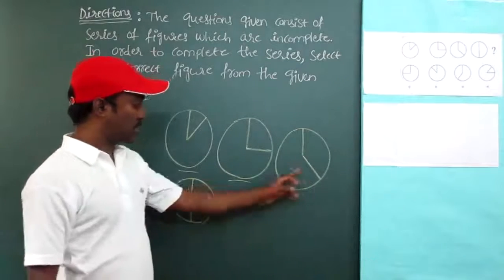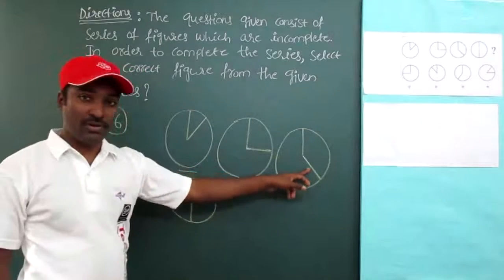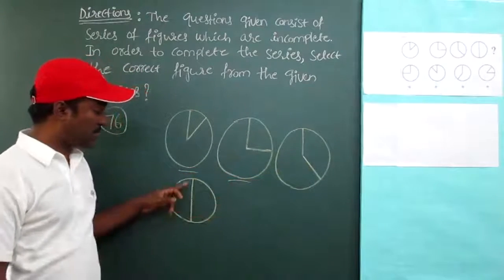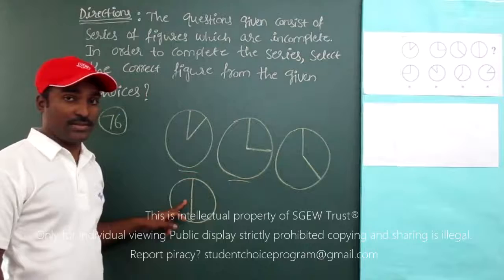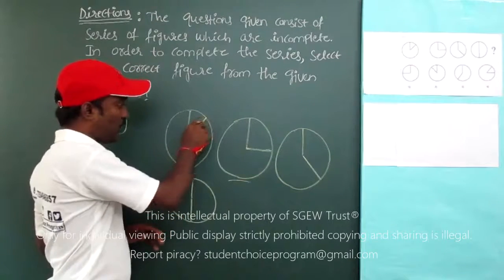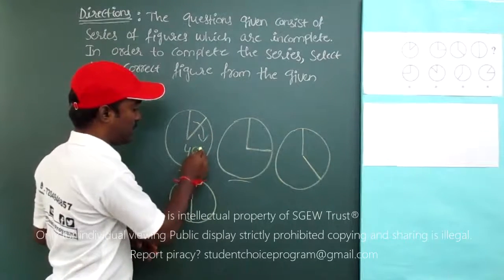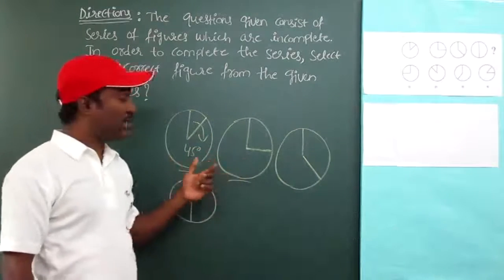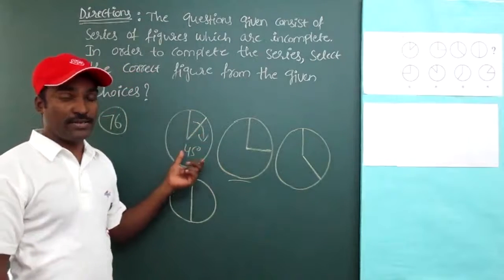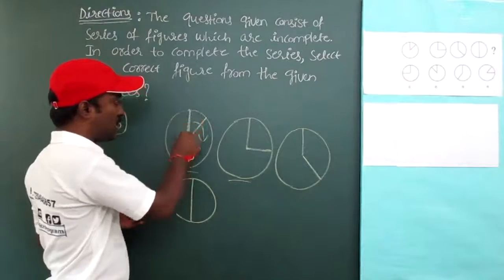If you compare these two, you are going to say that this line is moved by 45 degrees in clockwise direction, then it will appear like this. So this means that this line is moving in clockwise direction by 45 degrees. In every next figure, it is moved 45 degrees in clockwise direction and this line remains at the same place.